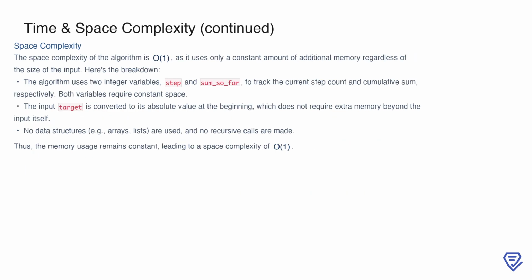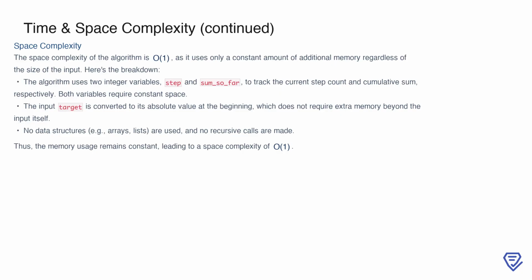The space complexity of the solution is O(1), meaning it uses a constant amount of memory no matter how large the input is. This efficiency comes from the fact that the algorithm only employs 2 integer variables, step to track the current step count and sum_so_far to compute the cumulative sum. Both of these variables occupy constant space.